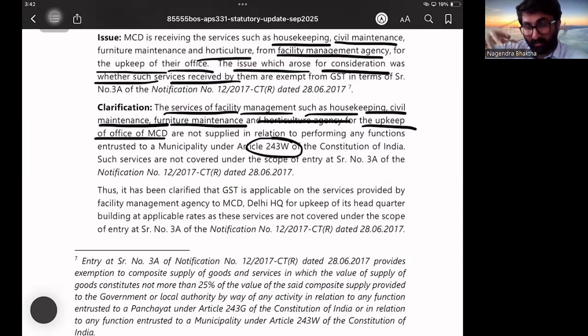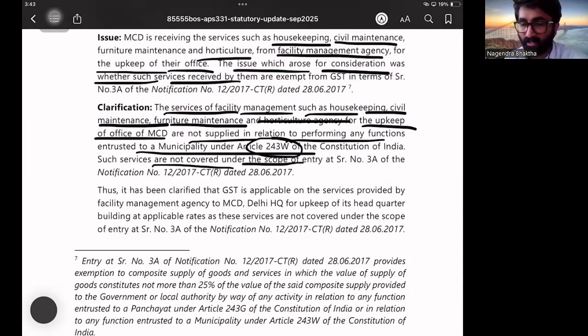So upkeeping their place. So if they take some services, whether that is exempt, are not supplied in relation to 243W. So such services are not covered under the scope of entry. So that's why it is taxable.